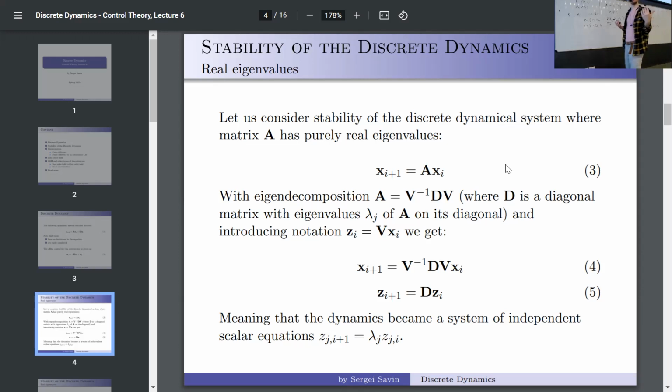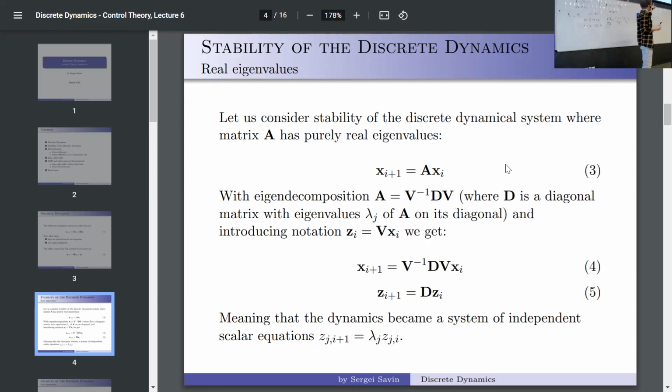When you multiply a diagonal matrix by Z, you get expressions like Z sub j, i plus 1 equals lambda sub j times Z sub j, i. You go from vector notation to scalar notation. It just decomposes into independent equations. Is that clear?